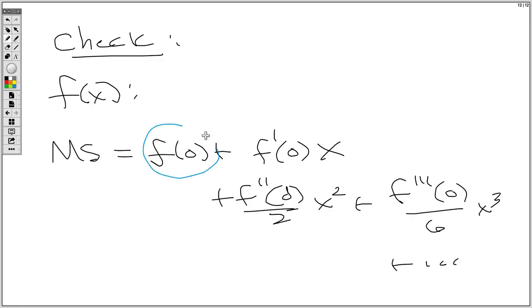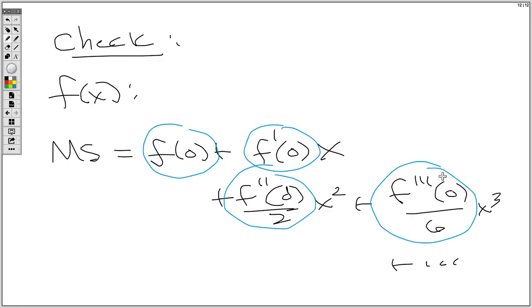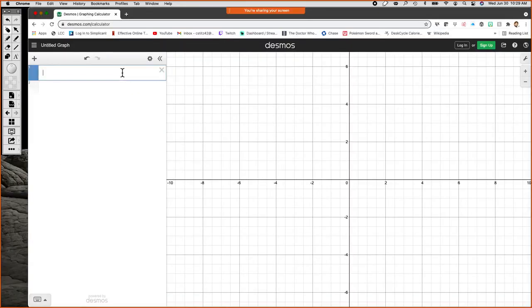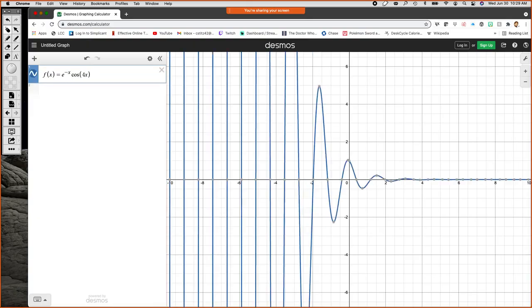So the coefficients of the powers of x, I know what they should be. Okay? So let's go over to Desmos and dial this in. F of x is e to the minus x, cosine of 4x. And let's start with those coefficients. So the first one should be f of 0.